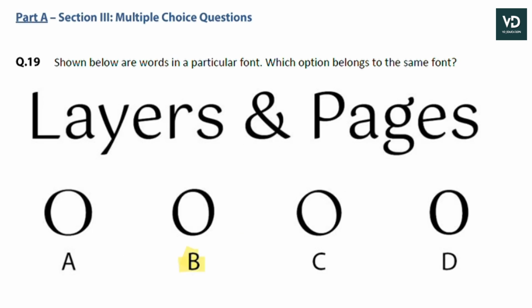So 19th question: shown below are the words in a particular font. Which option belongs to the same font? Here we can see they have provided some layers and pages, and these fonts are sans serif, in which edges are not provided.